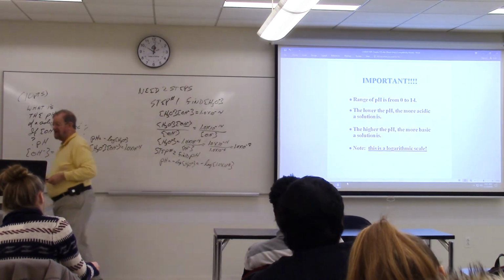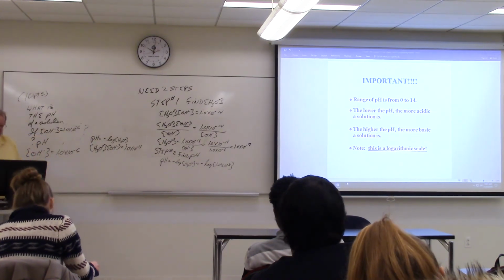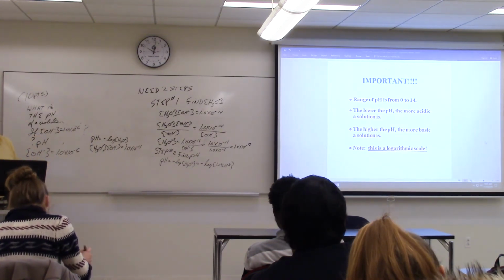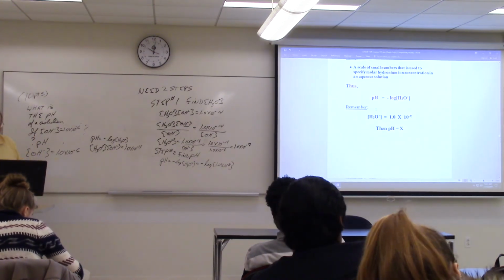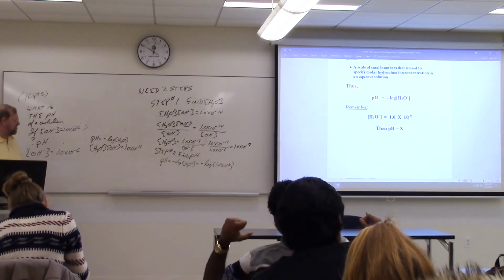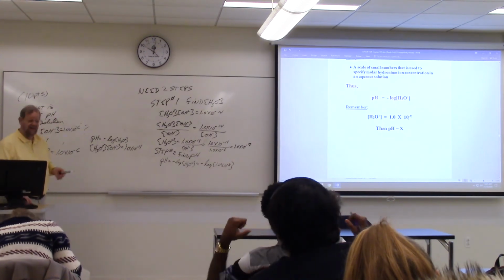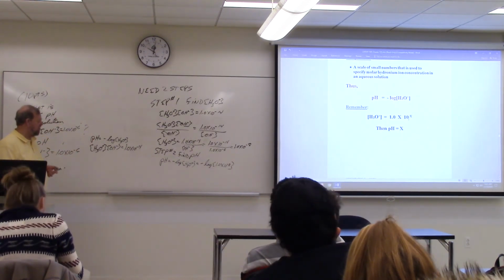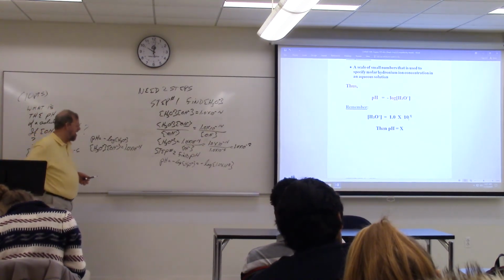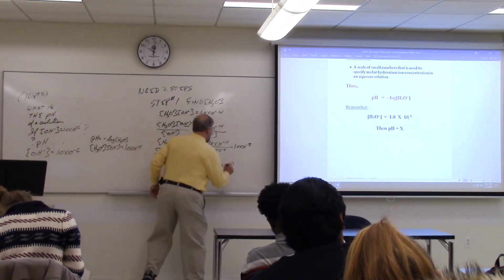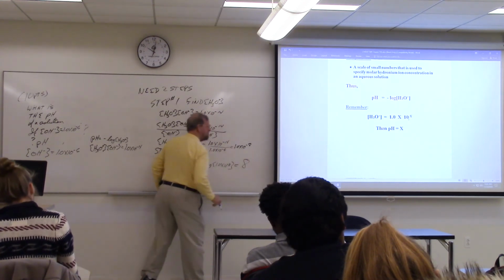And remember my gift to you, a nice gift, made your life a little bit easier, just a little: if the hydronium ion concentration is 1.0 times 10 to the minus x, the pH is x, therefore this is 8.